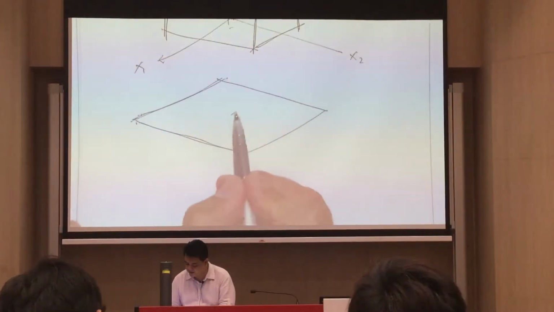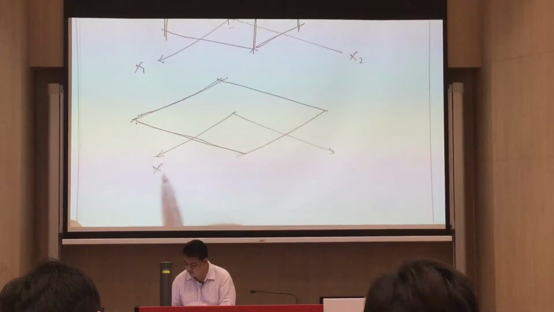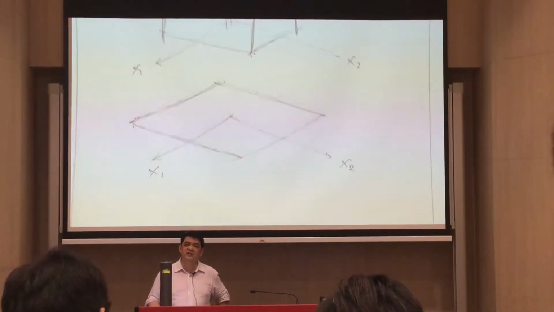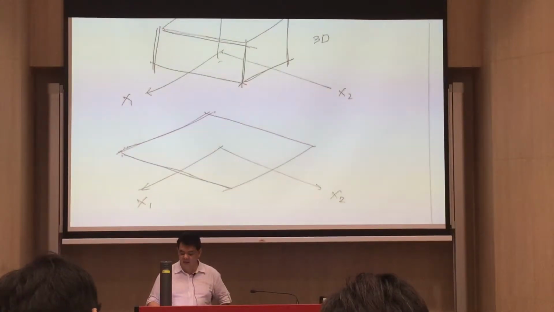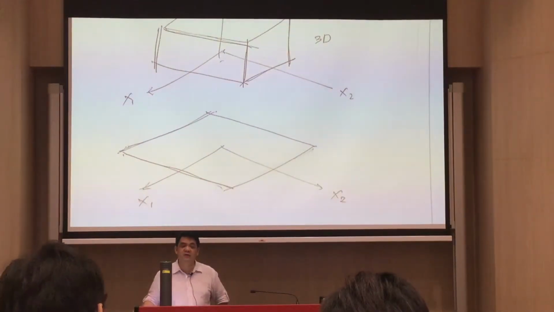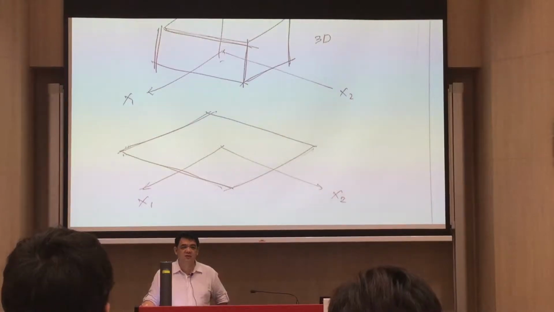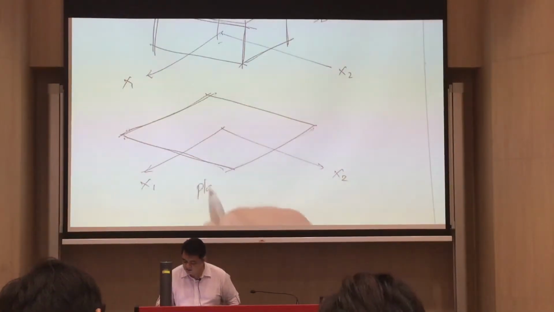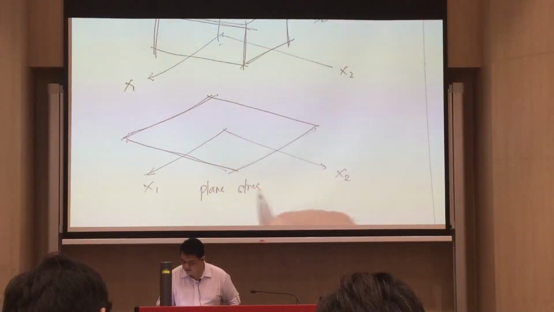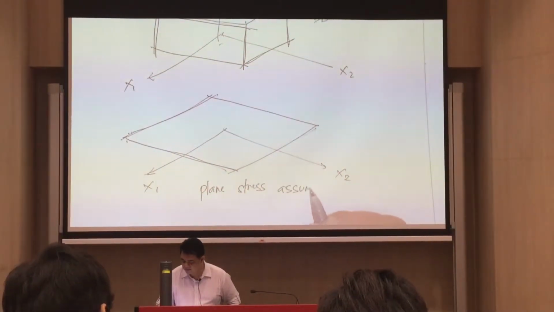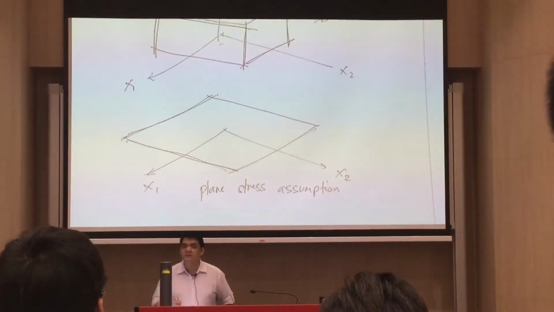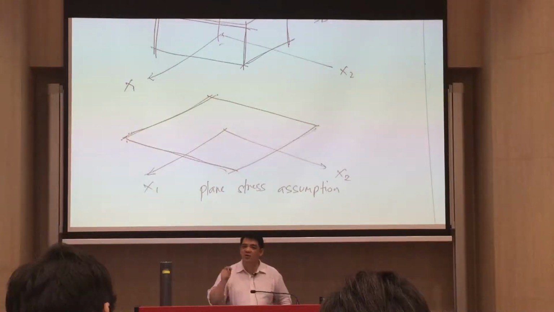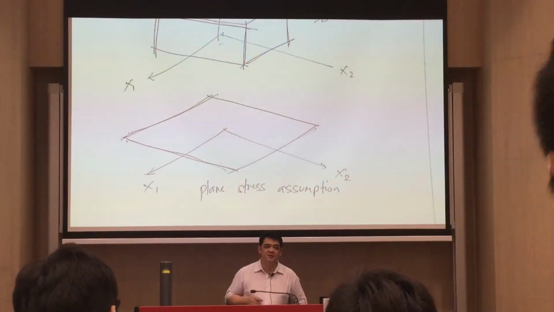Now, let's look at this one wherein you have x1 and x2, meaning that the dimension along x3 is very small compared to the other two dimensions. So here, we can have a plane stress assumption. So if we have a plane stress assumption, what happens?